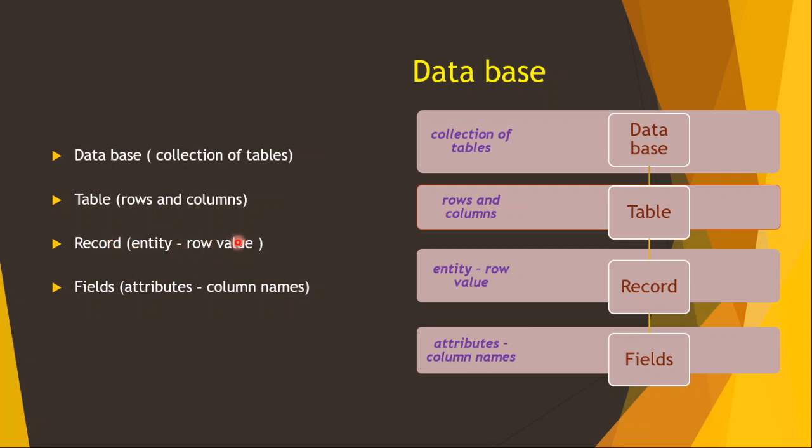That is a row. A table is the rows and columns, so all information about a set of students in your class makes one table. Likewise, the tables of different classes, for example BSc, BCA, A, B, C, BA first year, second year, third year, individually each is a table, and all those tables form a database. This is the hierarchical structure for a database.